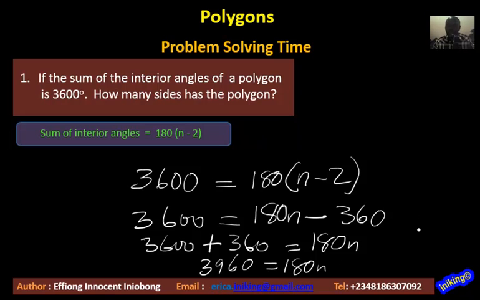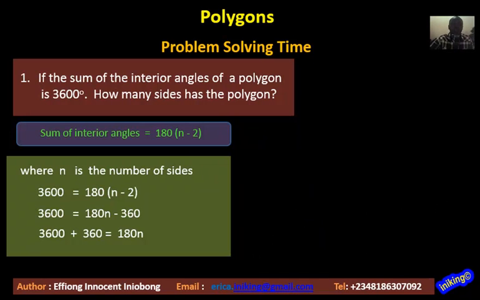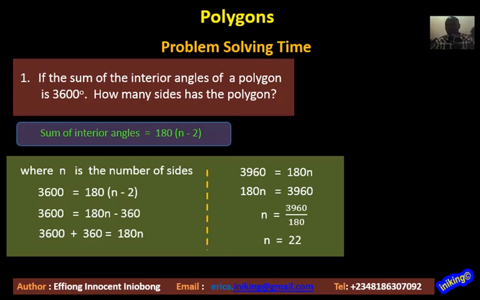Now you will agree with me that to obtain our n, we divide both sides by 180, so that will be 3,960 divided by 180, and that gives us the number of sides. So 3,960 divided by 180 gives us the number of sides of the polygon to be 22.